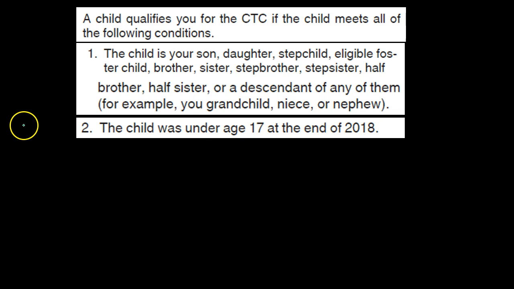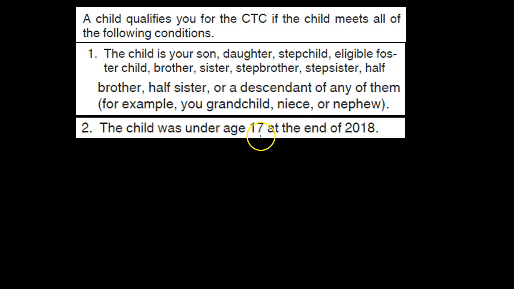Then we have condition number 2, back to the text. The child was under age 17 at the end of 2018. So notice that we have the specific age of 17 at the end of the tax year. We're talking about the 2018 tax year at this point. So under 17 by the end of the tax year, the current tax year being 2018.